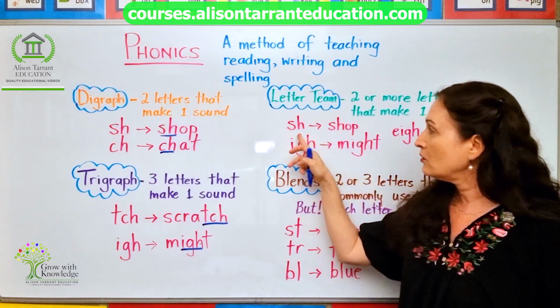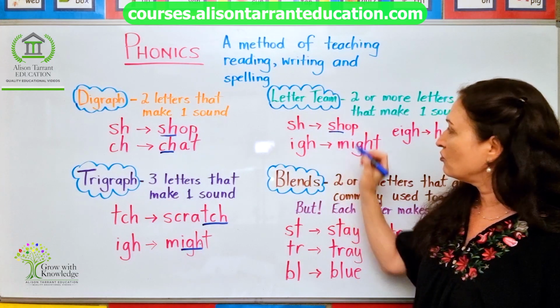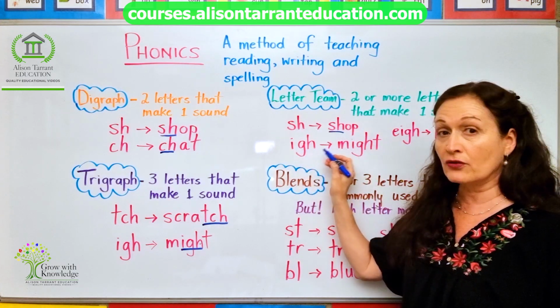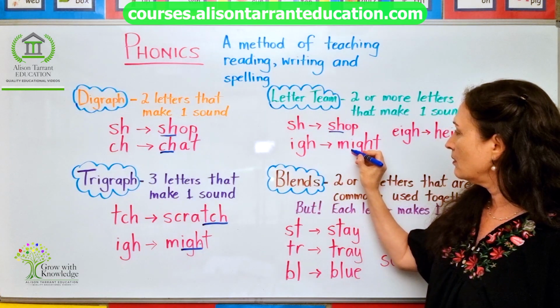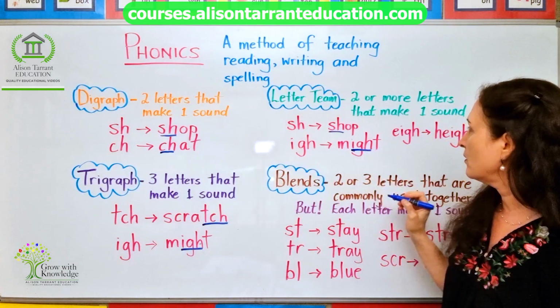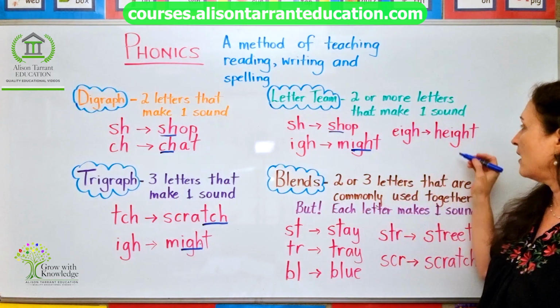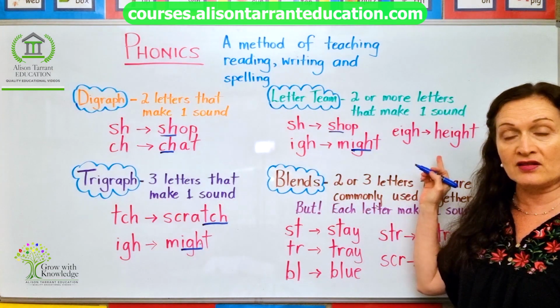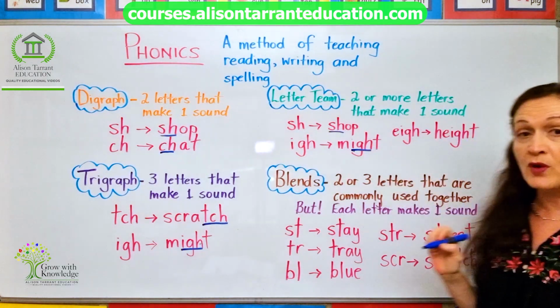So once again, you have two letters making one sound, sh, and here you have three letters making one sound again, I, and here you have four letters making one sound, and this one sound says I again. As in I. Just different ways of spelling it.